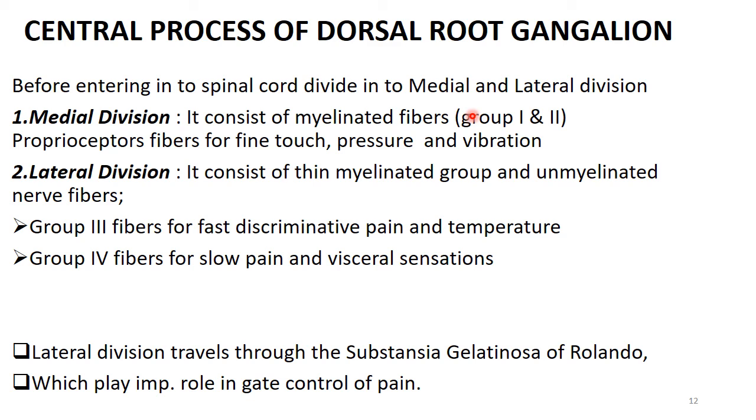Now the next part is how the tracts are formed and ascend, and what are the types of the tracts. Now the central process of the dorsal root ganglion, just before entering the spinal cord, divides into two branches, medial and lateral.